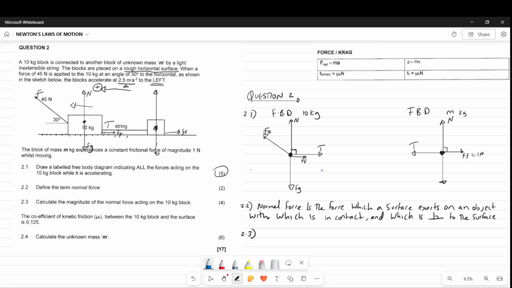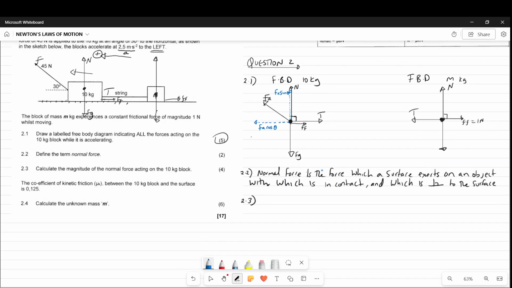So we need to resolve this force applied to its component. So now we're going to have Fa cos theta, and then we resolve this up here also to its component, and we're going to have Fa sine theta.